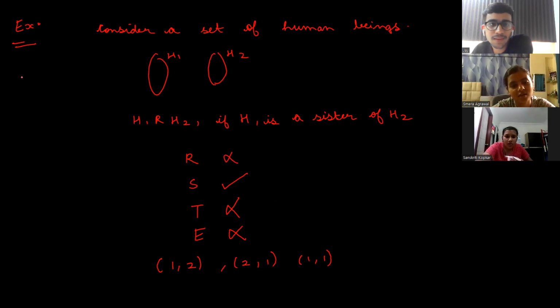That the humans in H1 are not in H2, right? But it's not like that. I said consider any set of human beings. So H1 and H2 can both have the same humans. Say H1 is the set of all human beings on the earth. Similarly, H2 is a set which has all the human beings on the earth. Oh, yeah, understood.